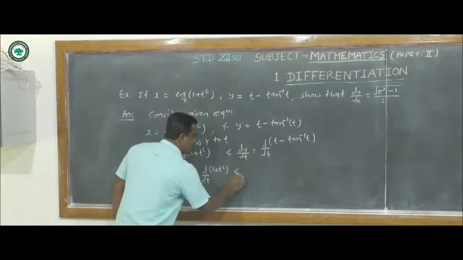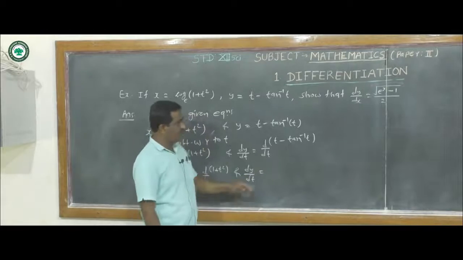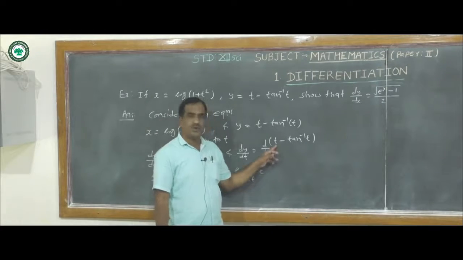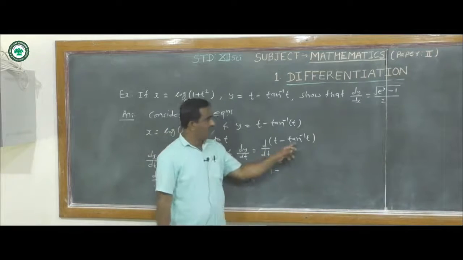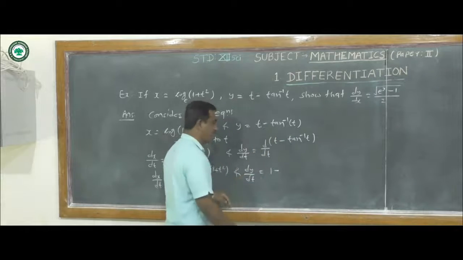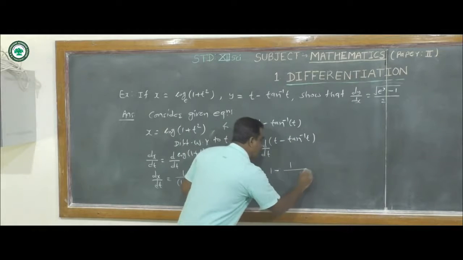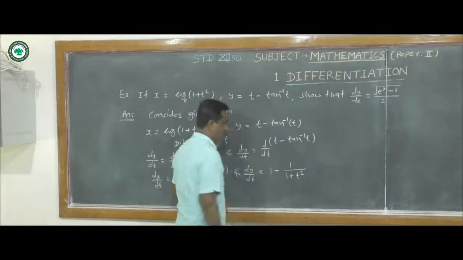And dy by dt, here we use the addition rule: derivative of t with respect to t is 1, minus derivative of tan inverse of t with respect to t. This is a simple function. Derivative of tan inverse of t is 1 upon 1 plus t square.